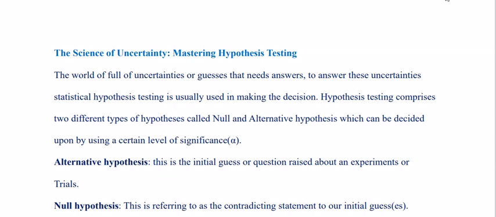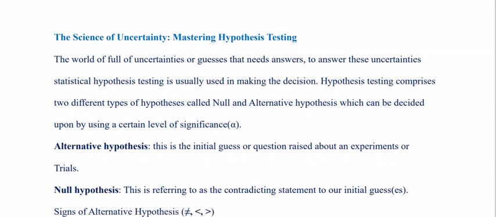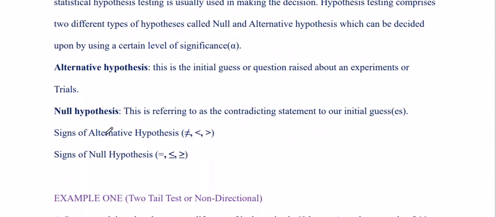What is the alternative hypothesis? This is the initial guess or question raised about an experiment or trial. While the null hypothesis, as you can see, is referred to as a contradictory statement to our initial guess.